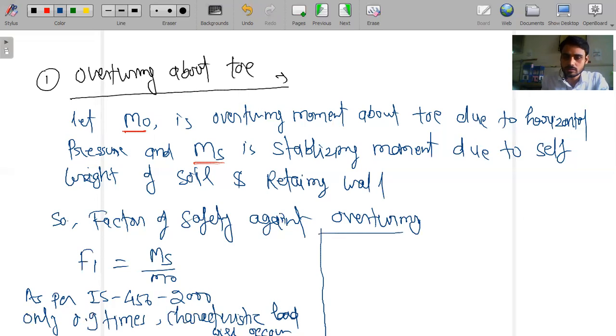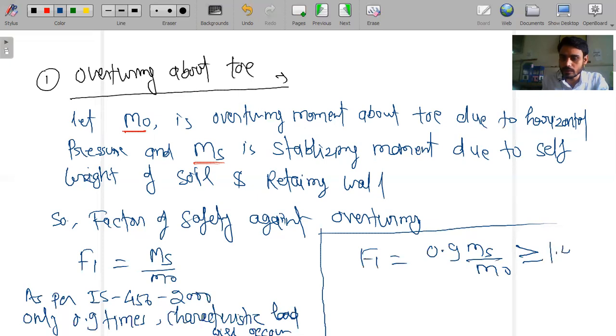So the factor of safety F1 will be equal to 0.9 MS divided by MO, and that value should be greater than or equal to 1.4. It may be equal to 1.4 or it should be greater than 1.4. So by calculating F1, we can ensure the stability against overturning.